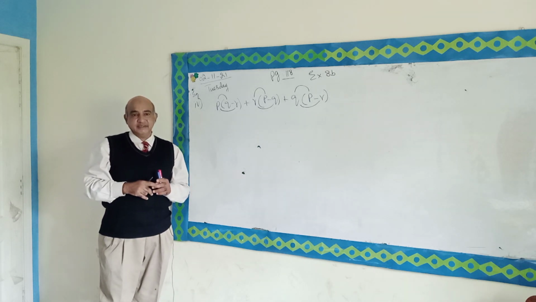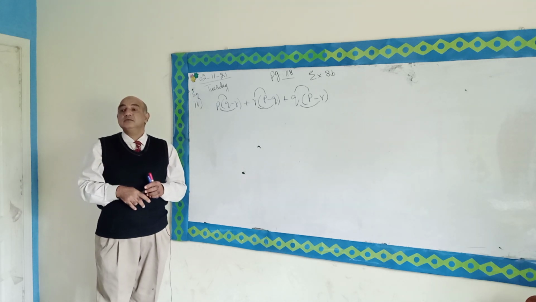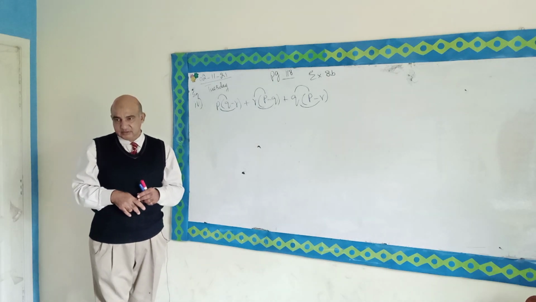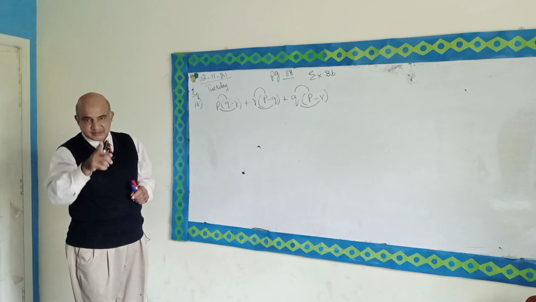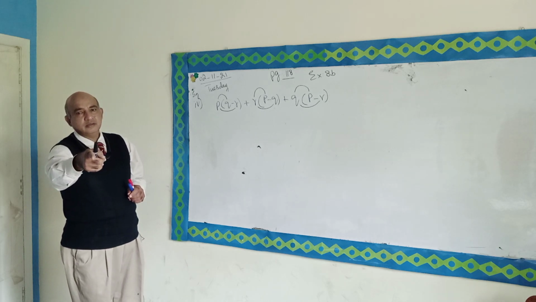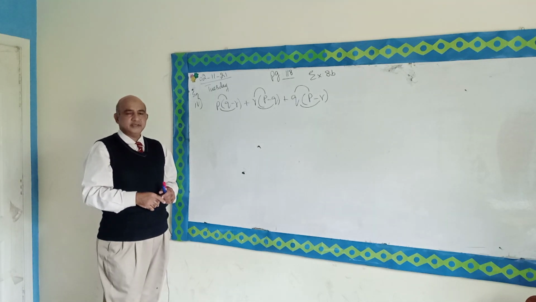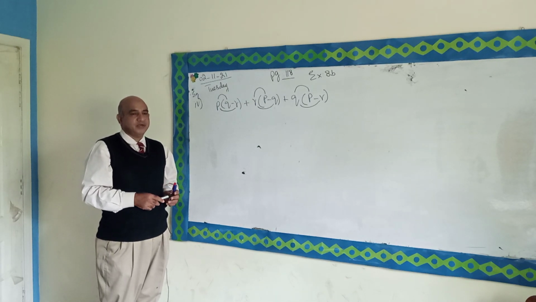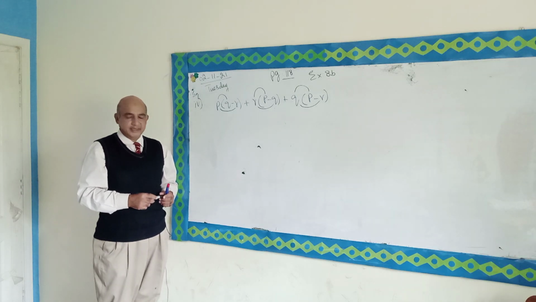When we add the same variables, their coefficients are added. Ali, please be here in your class. When we multiply same variables, their powers are added. When we add same variables, their coefficients are added.